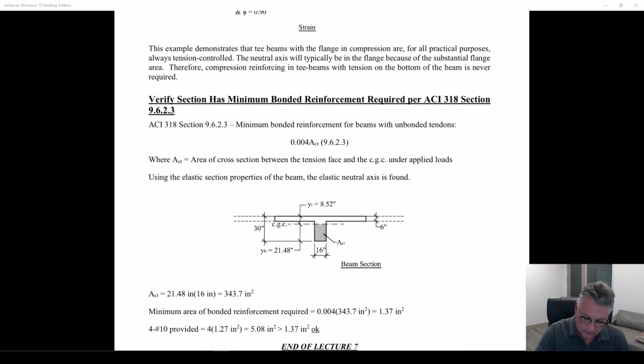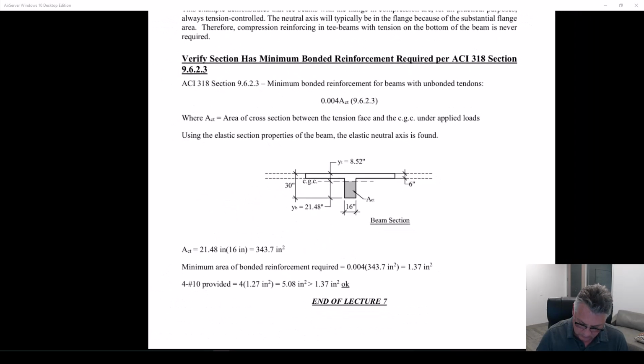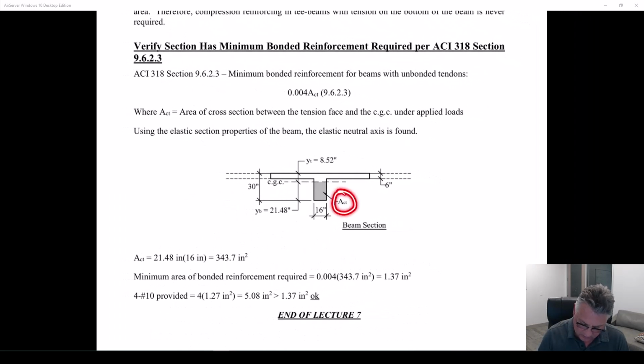So in our particular case, the beam was in tension on the bottom of the beam. So the area of concrete in tension, ACT, is 16 inches times that 21.48, that distance right there. Remember, we're using the elastic section for this calculation. That is not the plastic CGC.